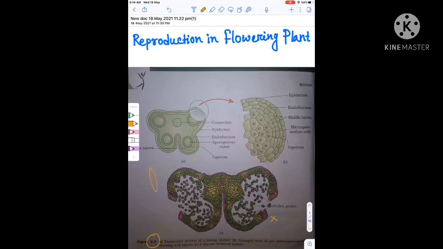For example, if this is an anther, then this will be the transverse section. In this figure, these are the four microsporangia. The important thing here is the sequence of the wall layers, from outside to inside: the epidermis, then the endothecium, then the middle layer, then the tapetum, and in the innermost the sporogenous tissue. This sequence is important.